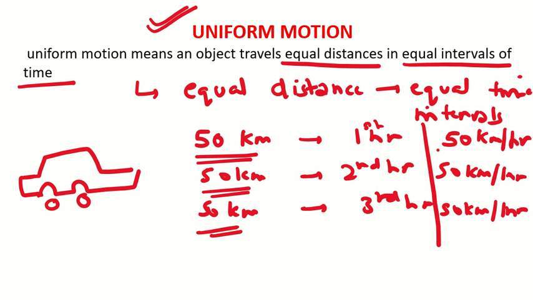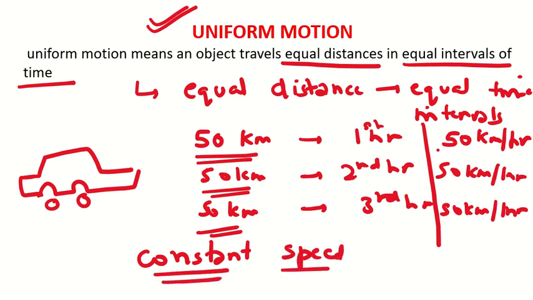At any time if I look at the meter readings of the car where you see the speed of the car, it will always show 50 kilometer per hour. Such a speed is called constant speed. So uniform motion can also be described as a kind of motion where the body travels with a constant speed.